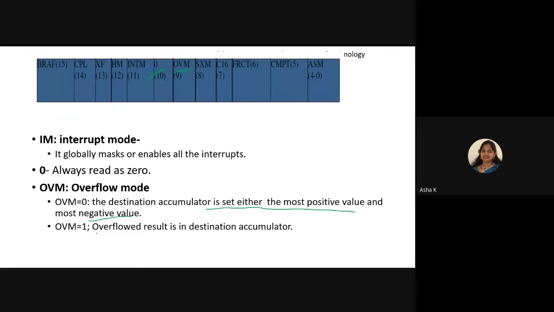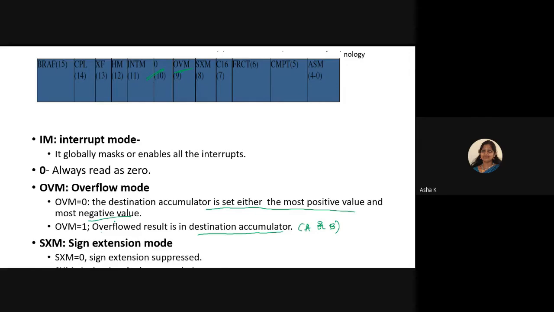So overflow mode equal to 1 means that the destination accumulator, whether it may be accumulator A or accumulator B, as specified in the instruction, will be loaded as if overflow has occurred. That is identified when OVM is equal to 1. If it is equal to 0, we have loaded the destination accumulator with the most positive number or the most negative number.